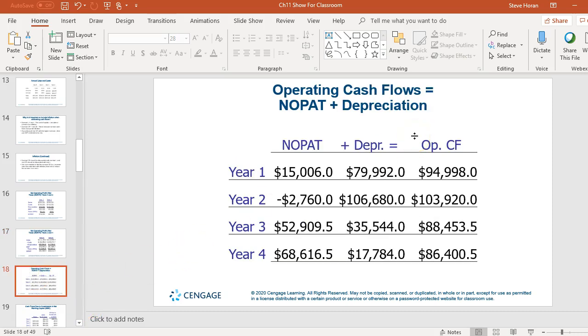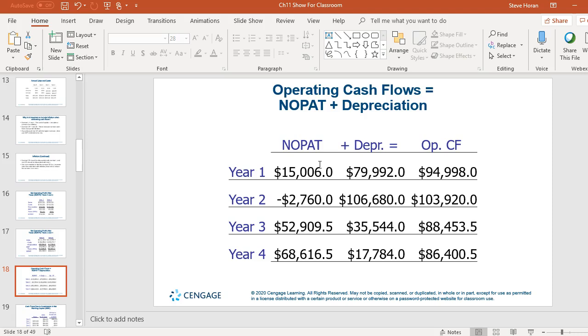So the next step here is kind of critical. You take your NOPAT, just think of that as your net income, and that's after tax, and you add back depreciation, because remember, in finance we care about cash flow. In accounting we care about net income. In finance we care about cash flow.